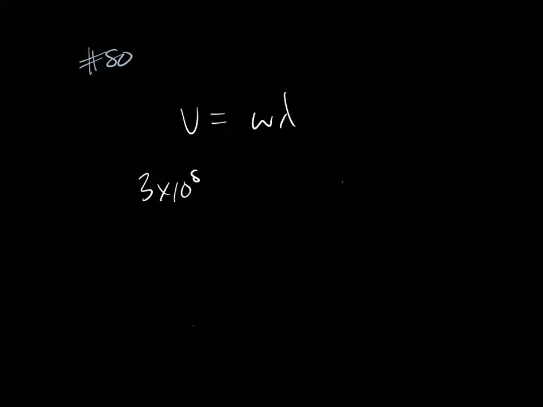It's the speed of light. Whenever it's an EM wave traveling, the velocity of the wave is always the speed of light. The frequency was 880 kilohertz, so I put 880 times 10 to the third hertz. The question is to figure out the actual wavelength.